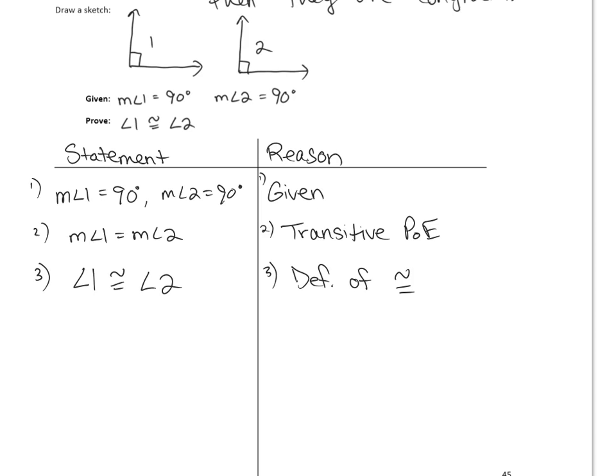And, well, look at that, guys. I'm already done. I wanted to prove that 1 is congruent to 2. I have proved 1 is congruent to 2 in 3 beautiful short steps. Done. So not all proofs are long. Just to let you guys know, sometimes proofs are very quick, short, and to the point.